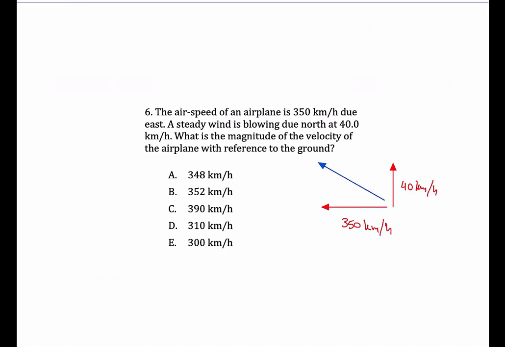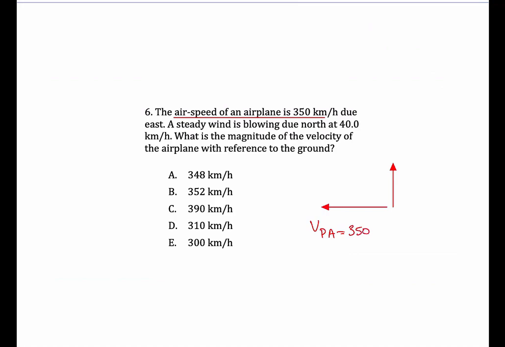The actual plane will be moving north and east, and we can apply directly the Pythagorean theorem. However, if this doesn't make sense, we can say that there is the speed of the plane with respect to the wind, I think the airspeed, yes, since this is the speed of the plane with respect to the air, it is 350 kilometers per hour.